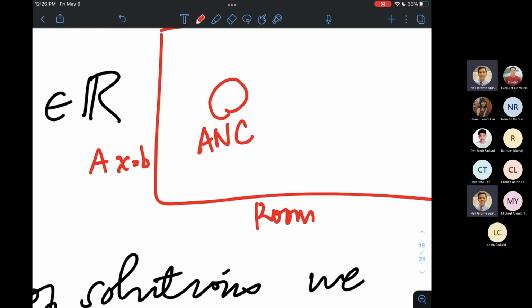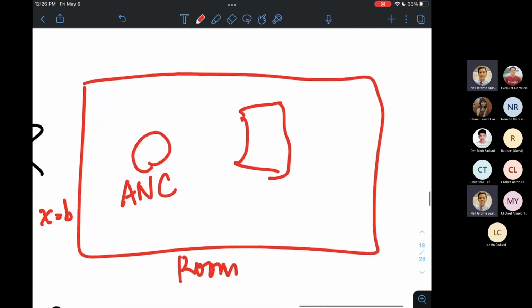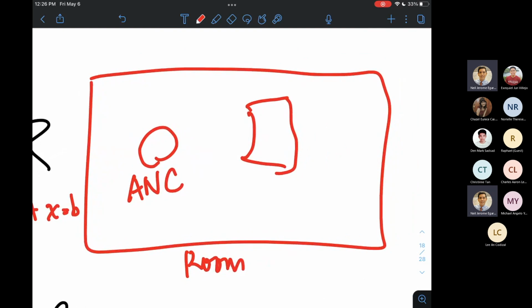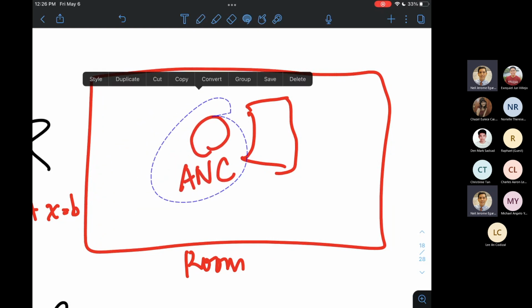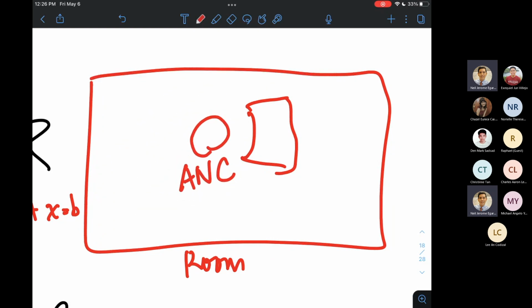Tapos, halimbawa, ito yung ear. O, yan yung earpiece. Ano? So, ang gagawin nitong active noise cancelling earphone, parang baligtad yung drawing ko. Lagay ko nga to dito. Yan. Tapos ito yung ear. Kunwari yan yung ear.